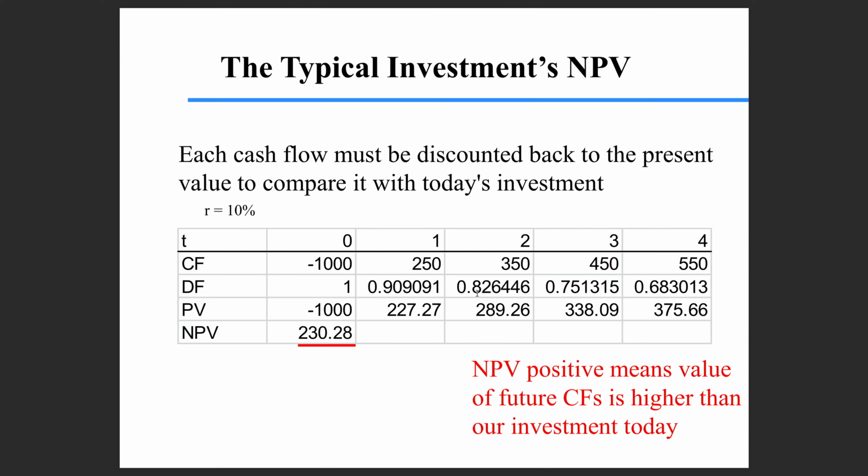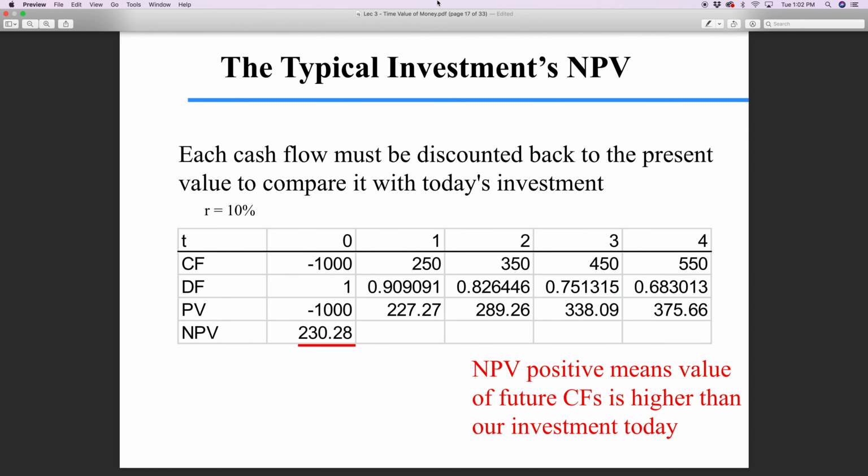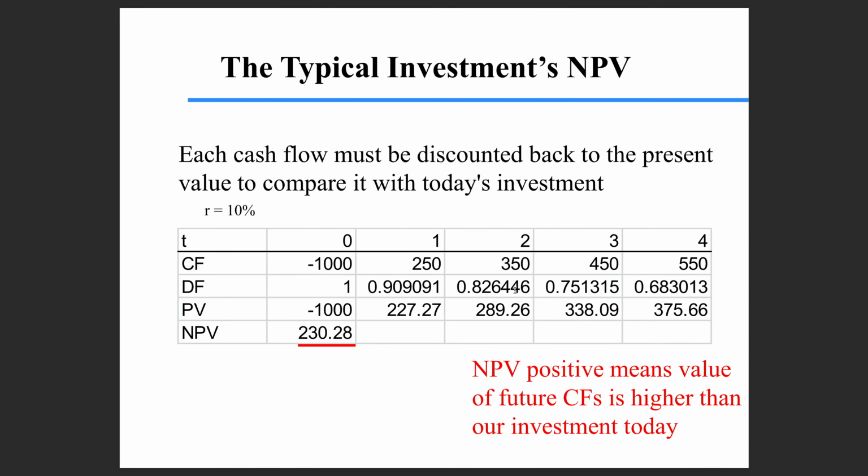The third discount factor is 1 divided by 1.1 raised to the power 3, and this is approximately 0.7513. And finally, discount factor 4 is 1 divided by 1.1 to the power 4, and this is approximately 0.683. If I multiply each cash flow by the corresponding discount factor, I find the present value of these cash flows.